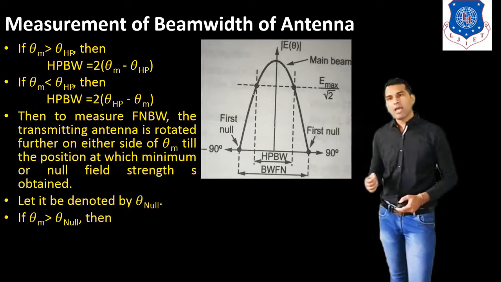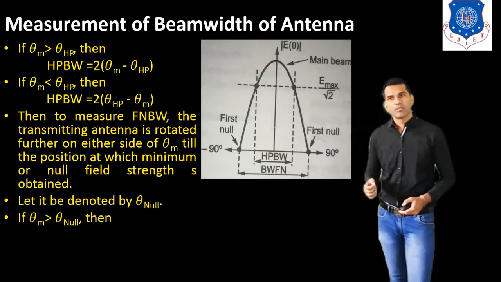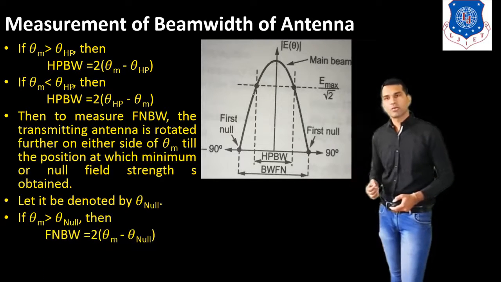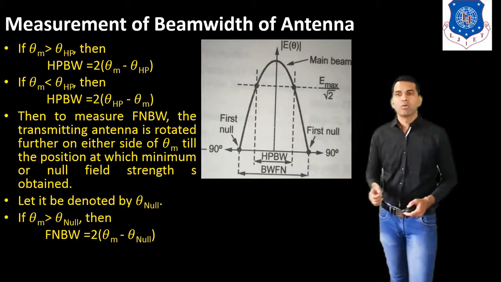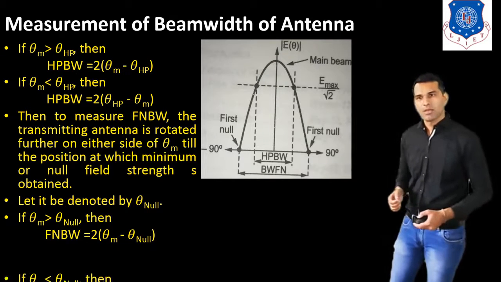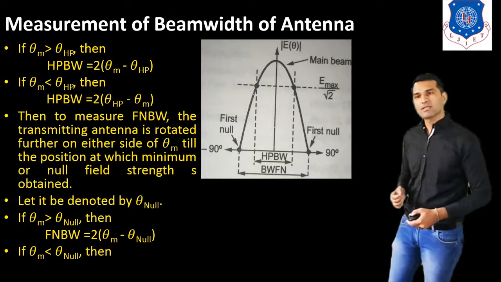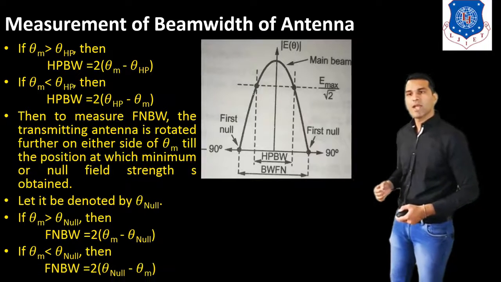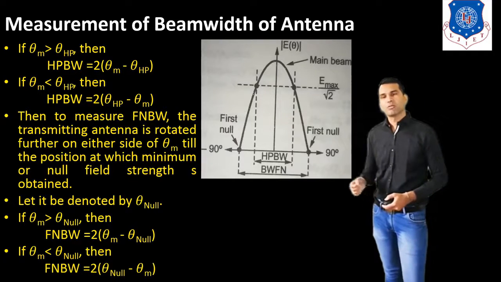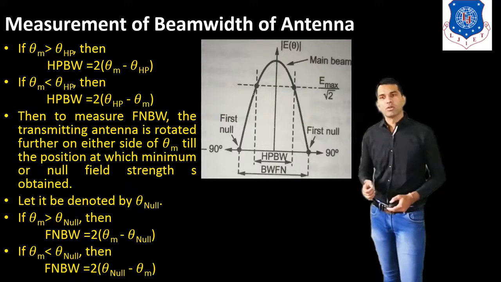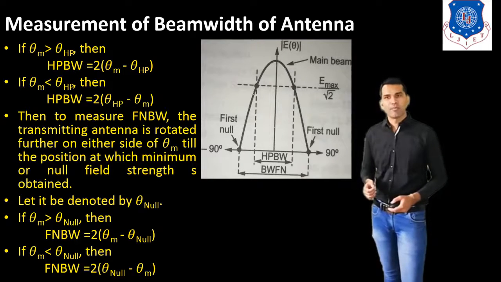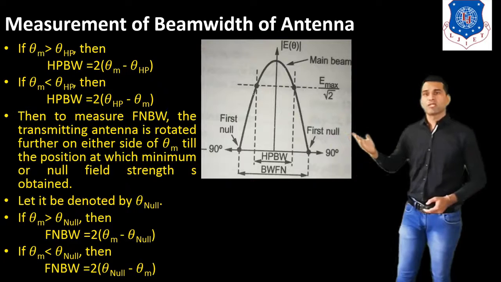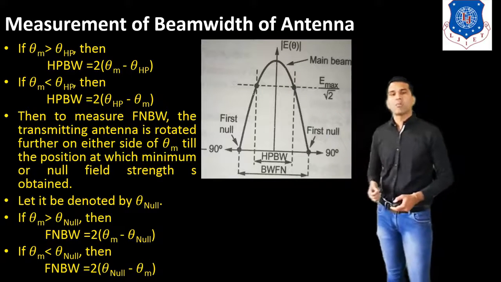Then if theta m is greater than theta null, we can find FNBW equals 2 (theta m minus theta null). And if theta m is less than theta null, then we can find the first null beam width by using the equation 2 (theta null minus theta m). So this is the process of measuring the beam width of the antenna.